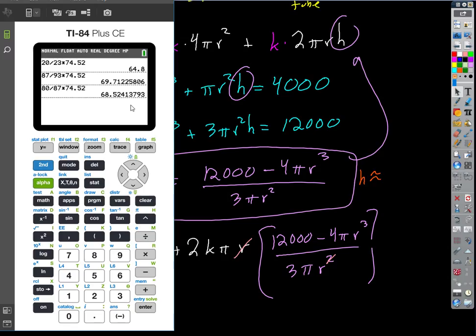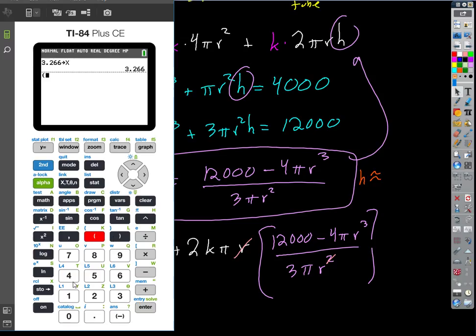Man, that seems weird. So 3.266, store it as X, and then let's do this.